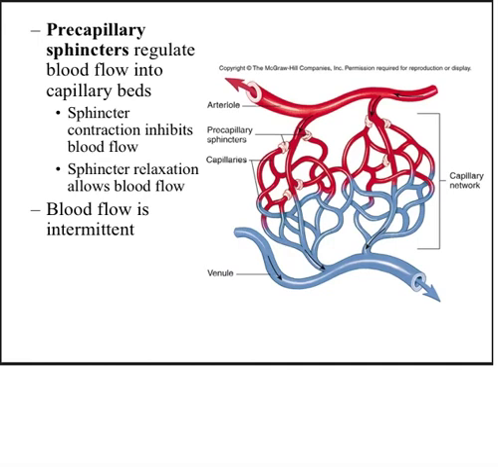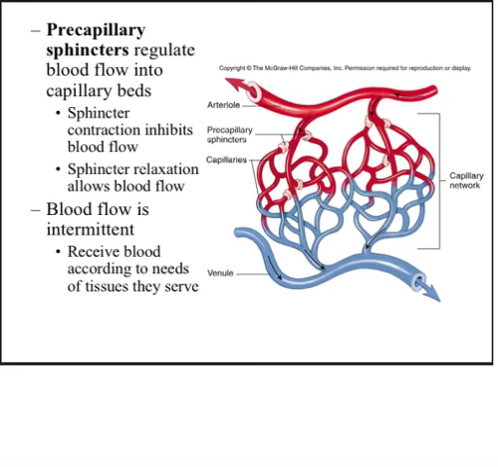So we alternate beds that are closed off versus beds that are open in order to, in part, maintain our blood pressure and also to allow the tissues adequate perfusion so that they can get the nutrients and oxygen they need while allowing the removal of waste products. So essentially, it's going to be according to need.